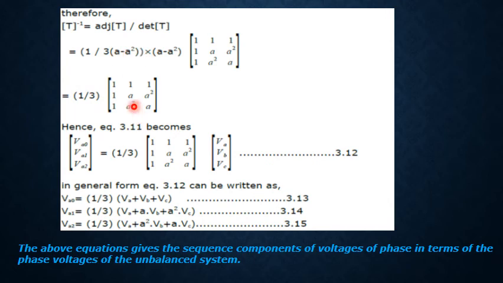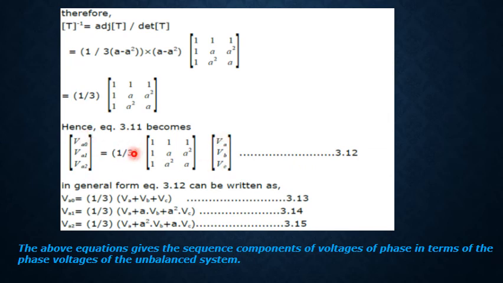If you observe carefully and compare it with the matrix T, the values are interchanged here. So the inverse of T is 1 by 3 into this matrix into the phasor voltages. The symmetrical component voltages are now obtained in terms of the phase voltages.